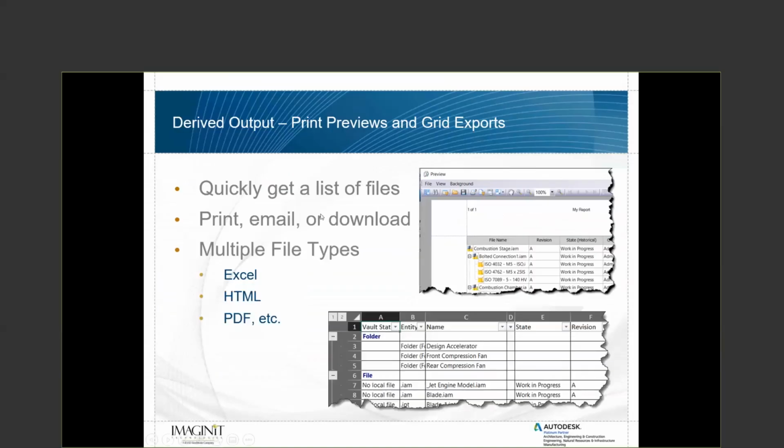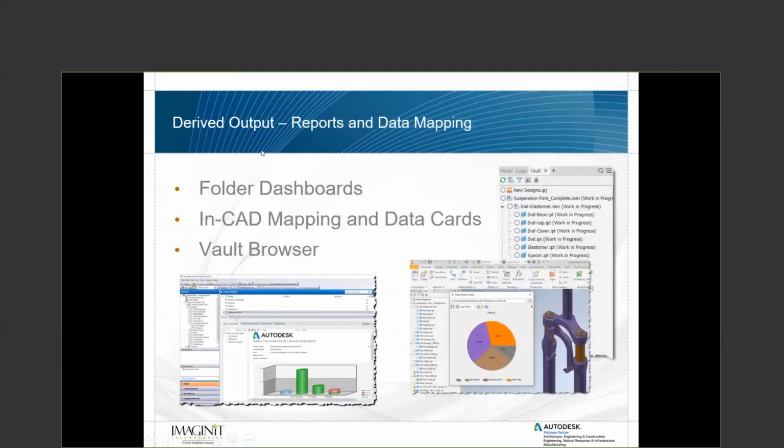All right, so next is using the reporting mechanisms with Vault Pro. So you can get a folder dashboard. If you're using your folders as kind of like a project, quote unquote, you'd be able to select a folder and get a report showing all the different states of the files that are in that folder.